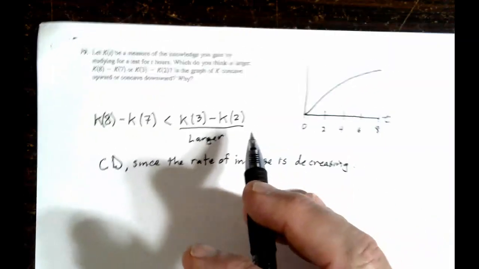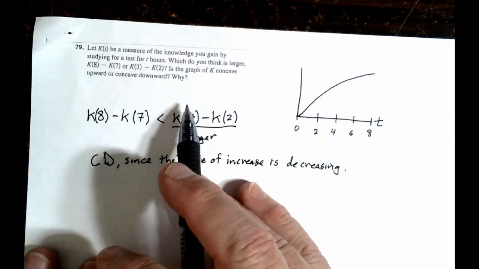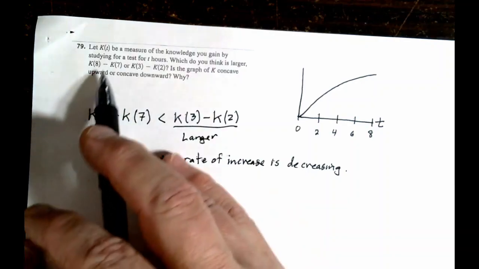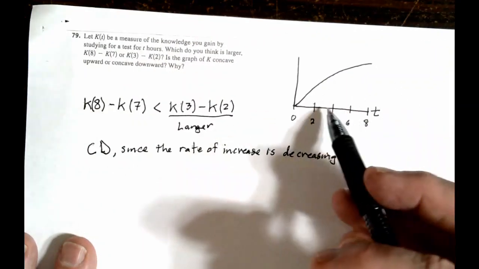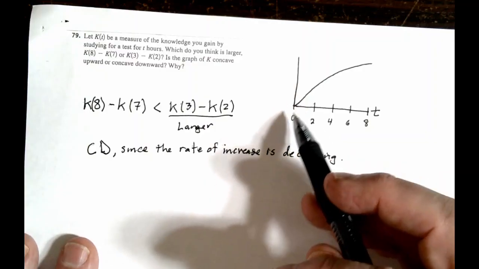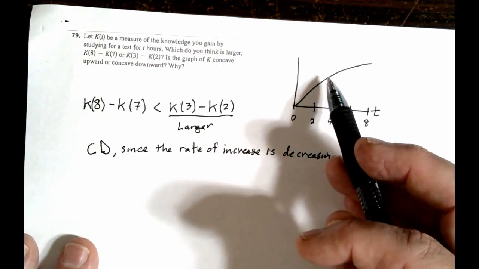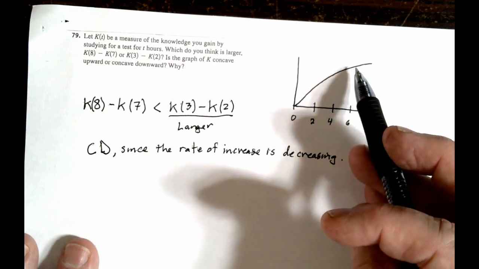Now it says K of t is a measure of knowledge you gain by studying for a test for t hours. Which do you think is larger? The difference between hours 7 and 8 or 2 and 3? Well, if you start out at the beginning studying and you don't know anything, you're going to gain knowledge quickly as you go along because you're learning a lot of information. But after a certain amount of time, you're going to know just about everything there is.